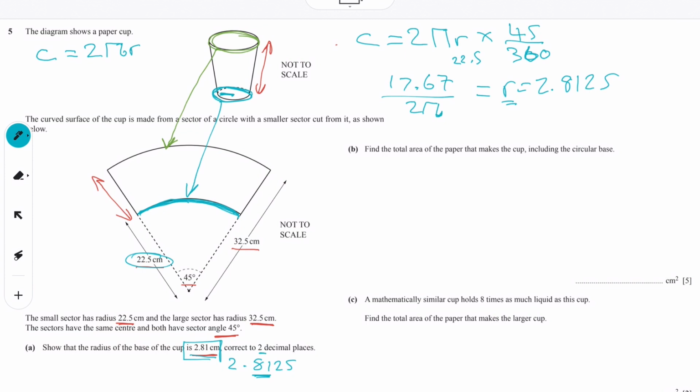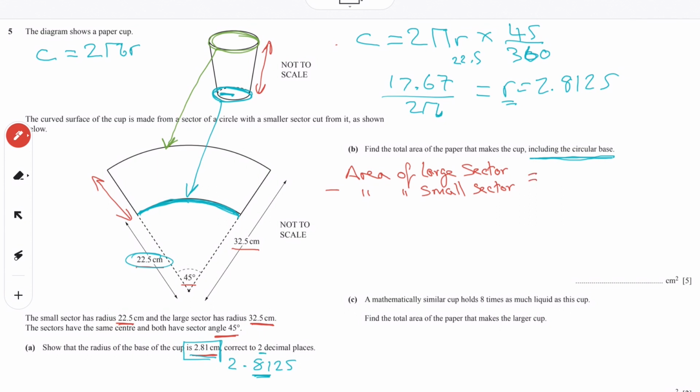Now, find the total area of the paper that makes the cup, including the circular base. So please don't forget this bit. This is where a lot of students make mistakes: include the circular base. So I need the area of a large sector minus the area of the small sector, in the first instance.